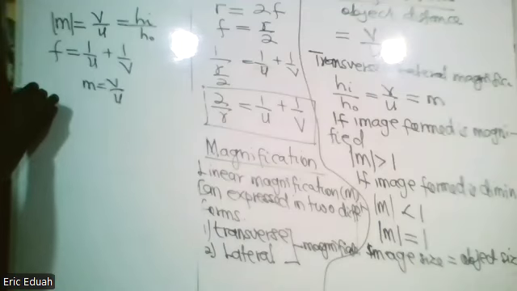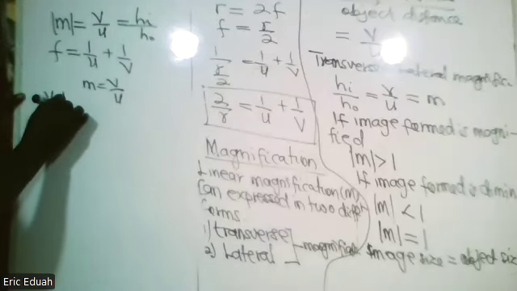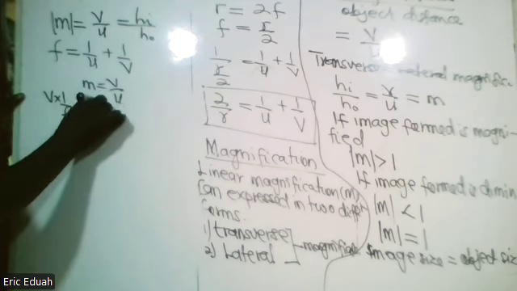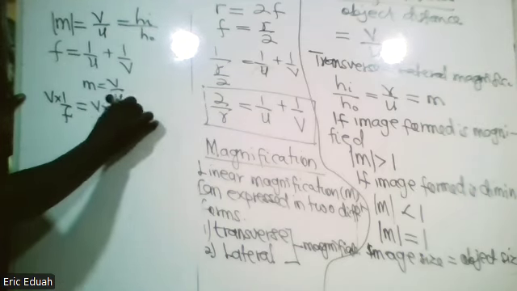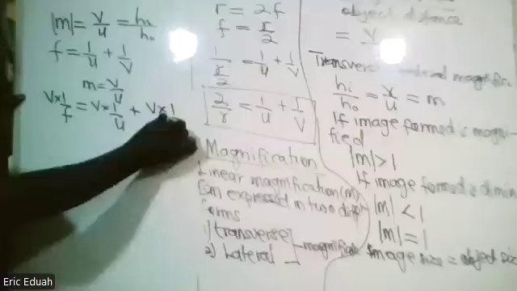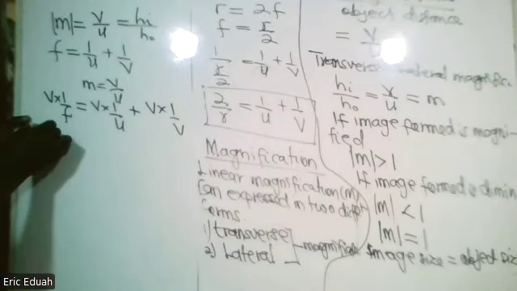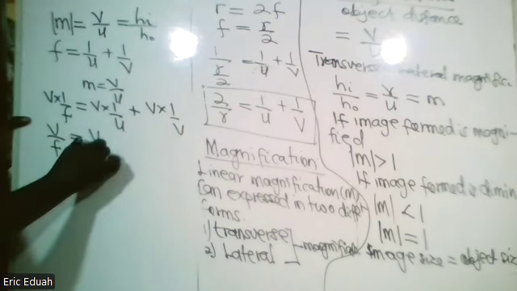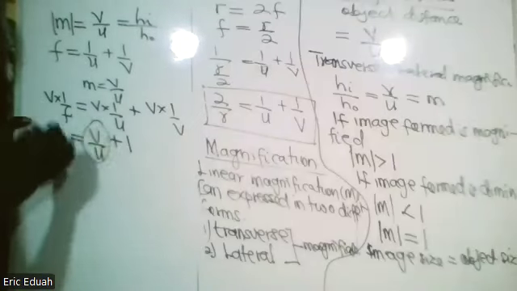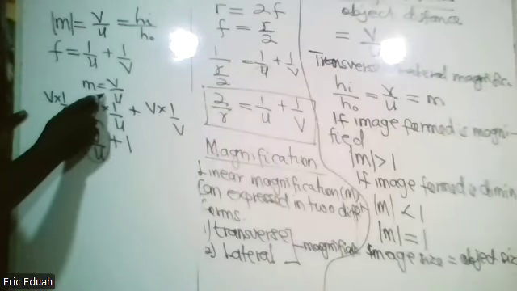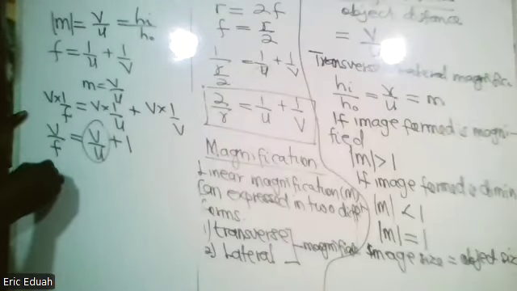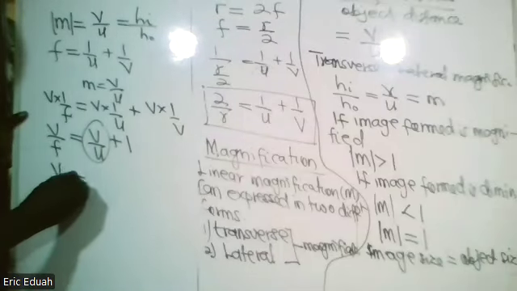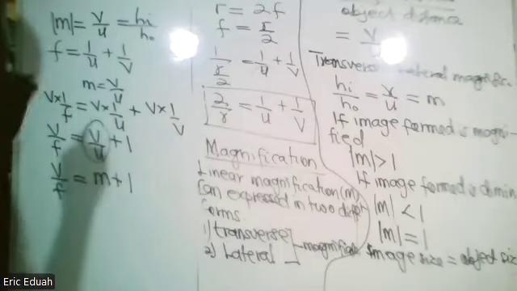If you multiply through by v on both sides of the equation, we have v times 1 on f is equal to v times 1 on u plus v times 1 on v. This side is v on f is equal to v on u plus 1. Because the magnification is v on u, we can equally express this as M plus 1.